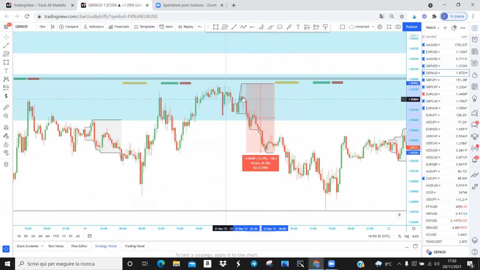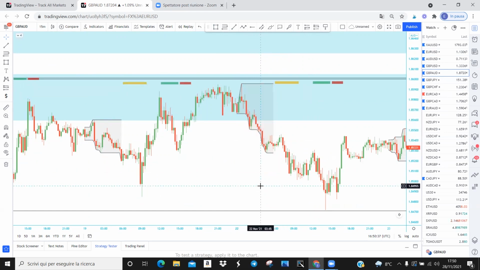So if you get on your chart on this day, I don't know, 22nd of November, and you see something like this, if you see something like this in the future, don't think about these concepts that I'm teaching you in this video, because these cannot be applied when the Asian range just trends and goes crazy like this during the night.